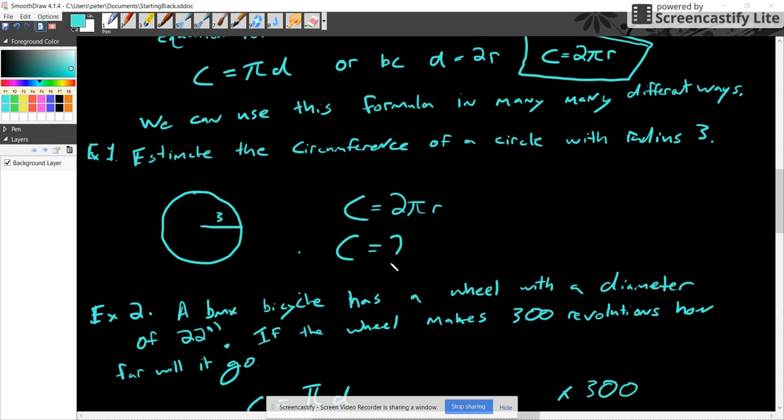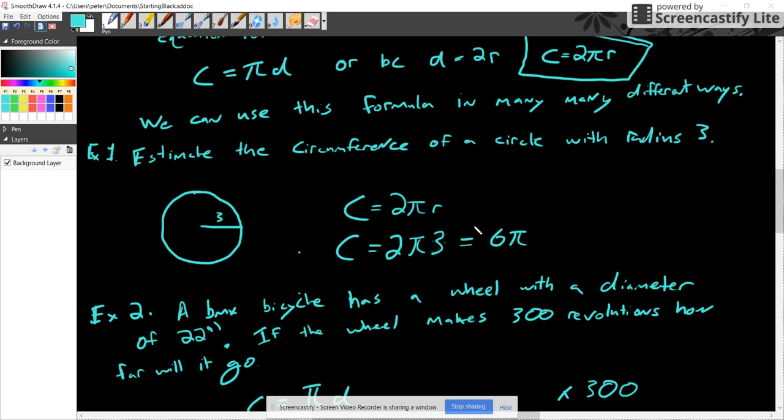Got my equation here, 2 pi r. Our r should be 3. 2 pi times 3 is the same thing as 6 pi.